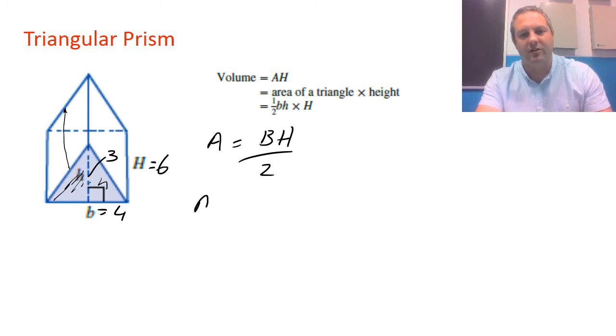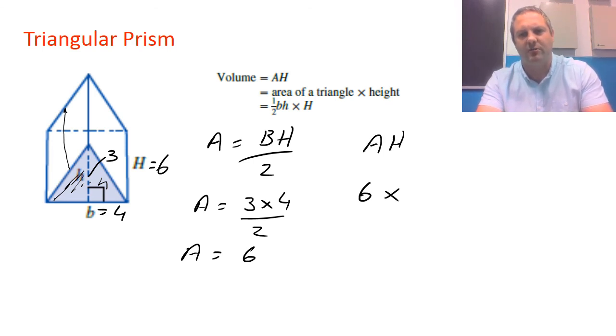So first of all we've got area equals base times height, so 3 times 4 divided by 2, and you get 6. So the area of our triangle is 6. The second part of our rule, area times height, so we've got 6 times, in this case 6, so we know that our answer is 36 centimeters cubed. That's all you have to do for a triangle.